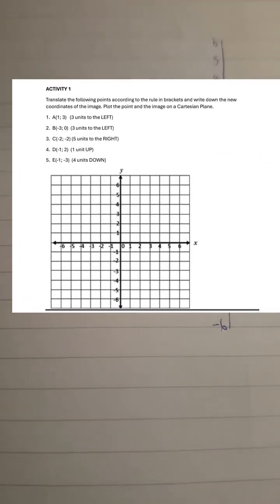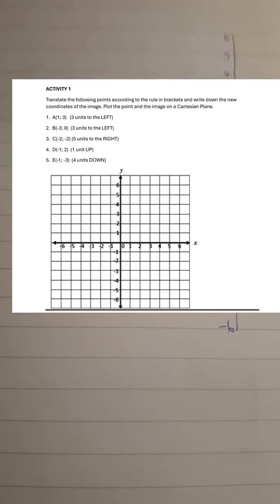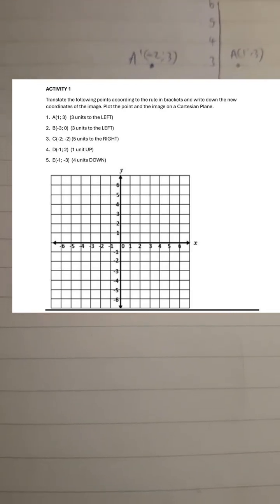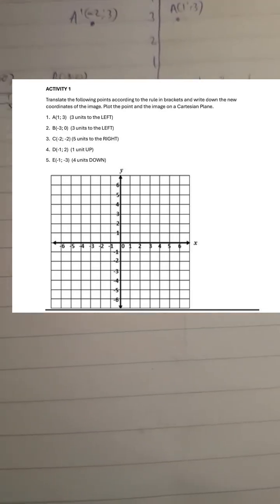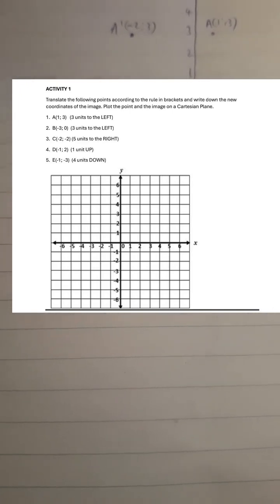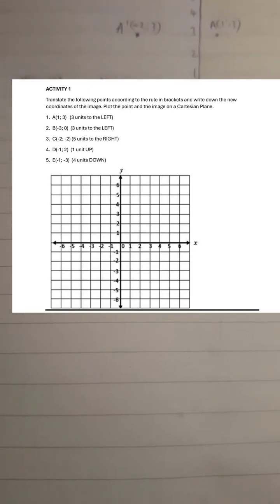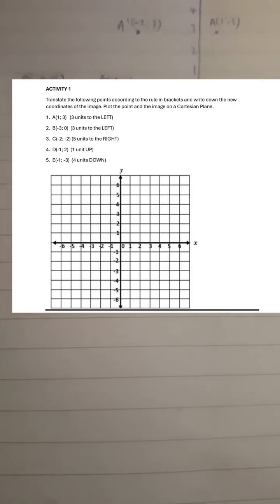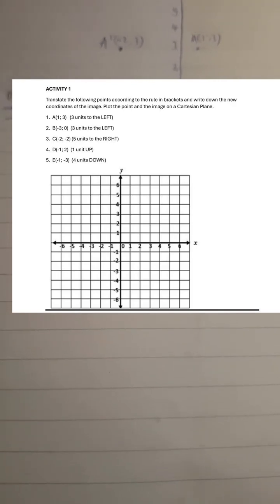Letter C. C, which is (-2, -2), if it's translated 5 units to the right. What does translated 5 units to the right mean? So we are still moving horizontally, because left to right means horizontal translation.